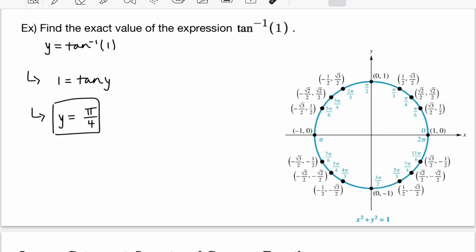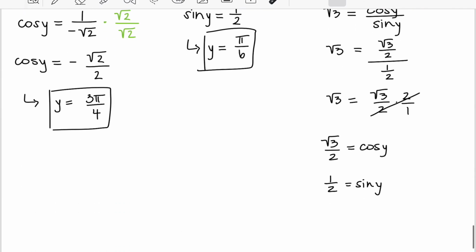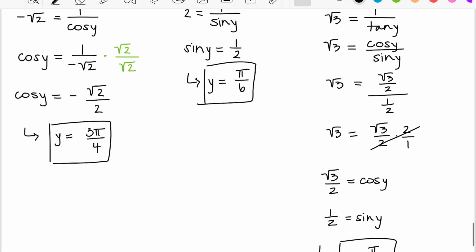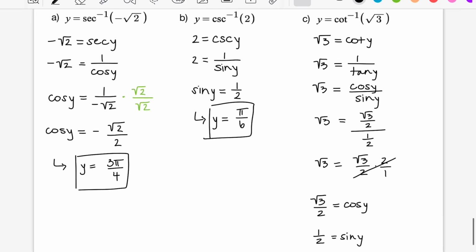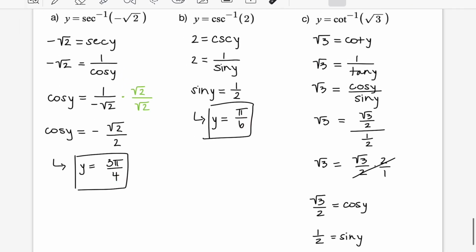So when y is equal to pi over 6, cosine is equal to root 3 over 2, and sine is equal to 1/2. So our value for y here is pi over 6. All right, now just something to note here, all of the examples we've done so far, all of our answers were in radians. If the question in your homework asked for a degree measure, we would just report the answer in terms of degrees.